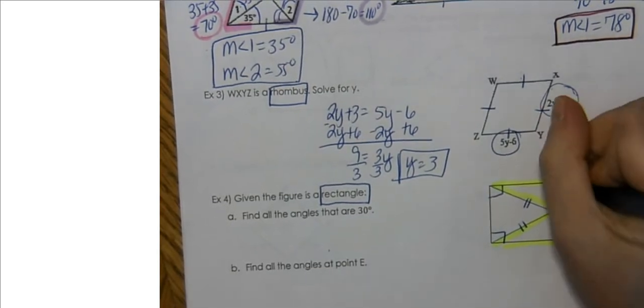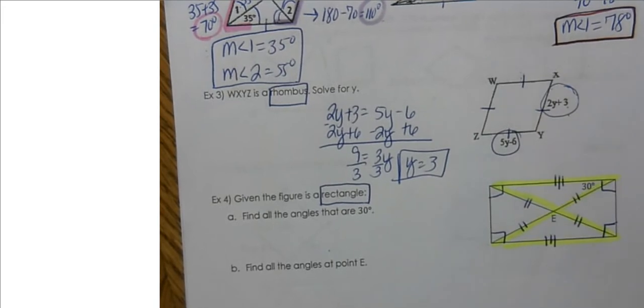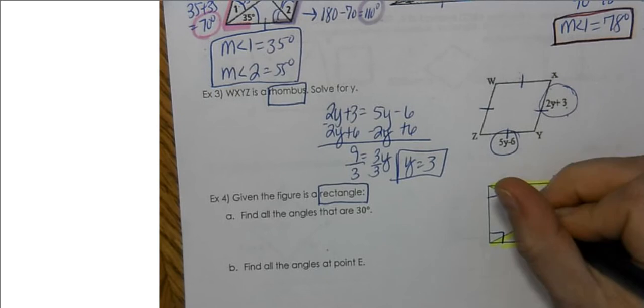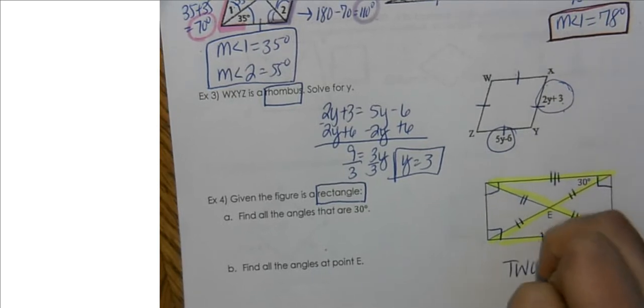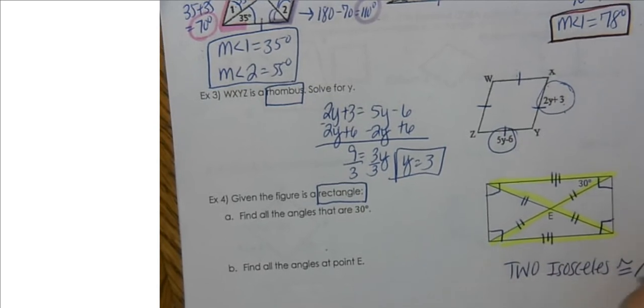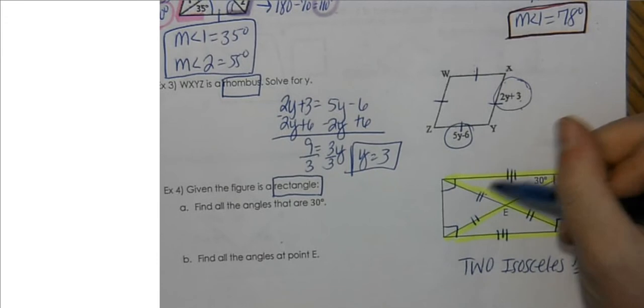I also know that opposite sides are congruent with each other. So I'm going to be working with this idea that we have 2 isosceles congruent triangles. I know they're congruent by side, side, side.